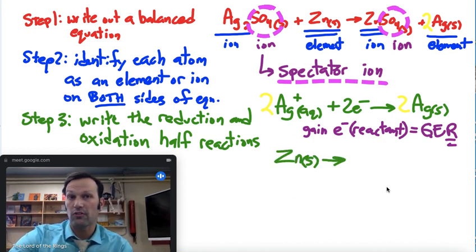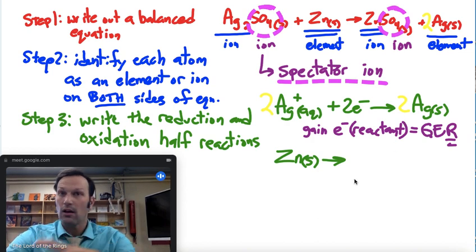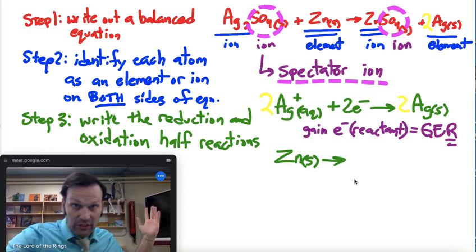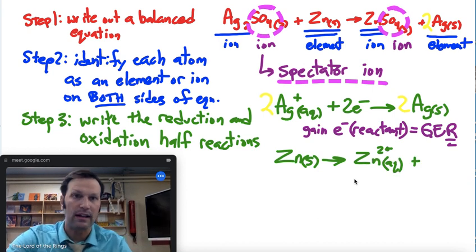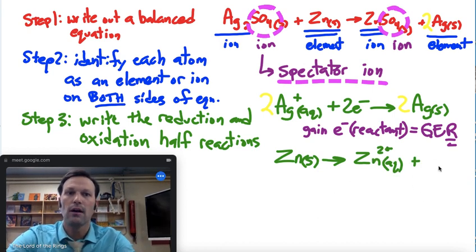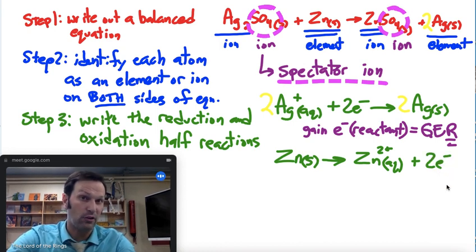Zinc starts as an element on the reactant side, and if zinc loses electrons, then it becomes 1 zinc ion, and that's zinc 2+. But it has to lose 2 electrons to do so.